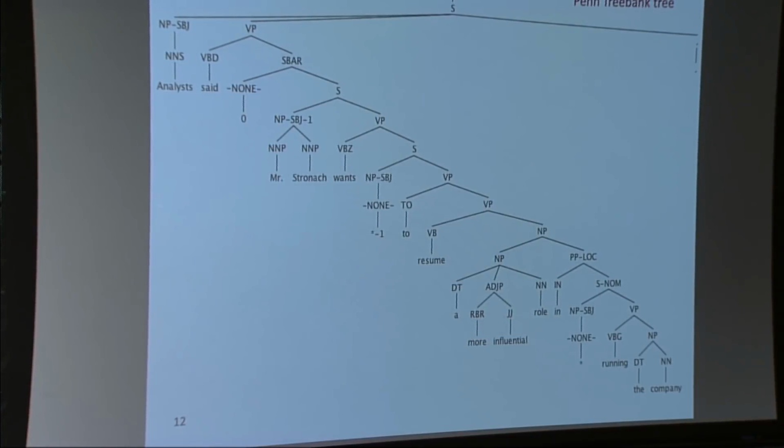And so these are our constituency grammars. When we've occasionally mentioned the Penn Treebank tree, this is an original Penn Treebank tree, which is basically a phrase structure grammar like this with various extra annotations put on the nodes.